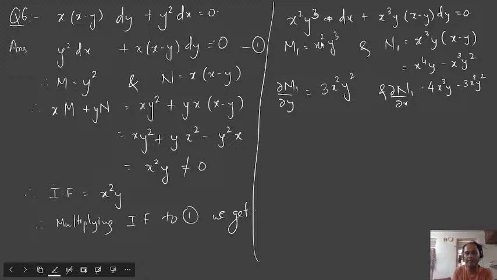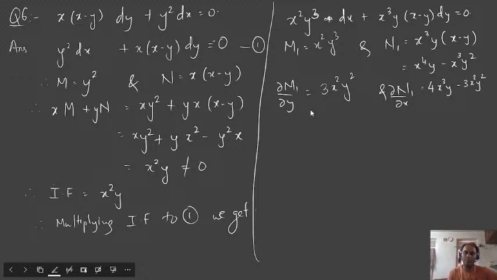So x square y cube is this, and N1 is x raised to 4 y, and it's not exact, so we cannot apply that rule immediately just by doing the differentiation. So now it's no longer exact. What do you do in such a case?